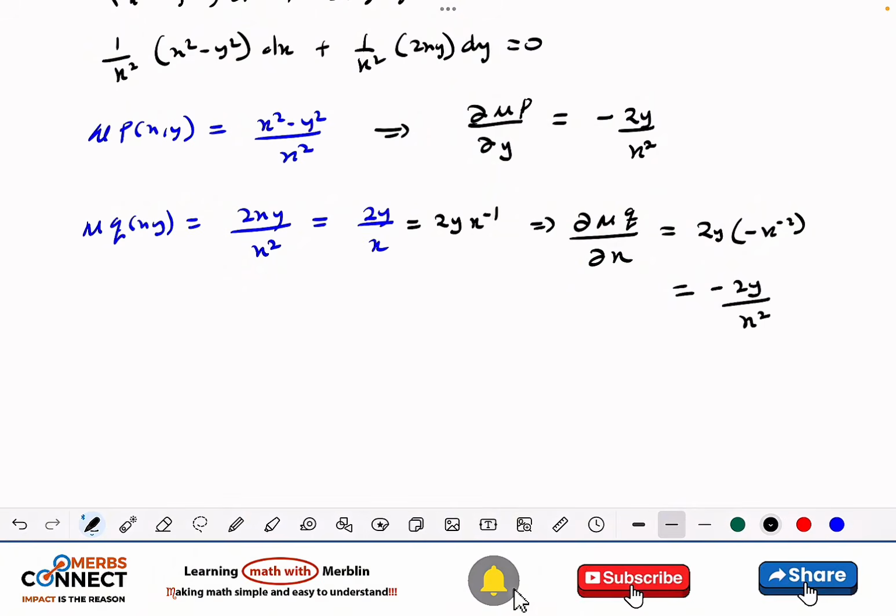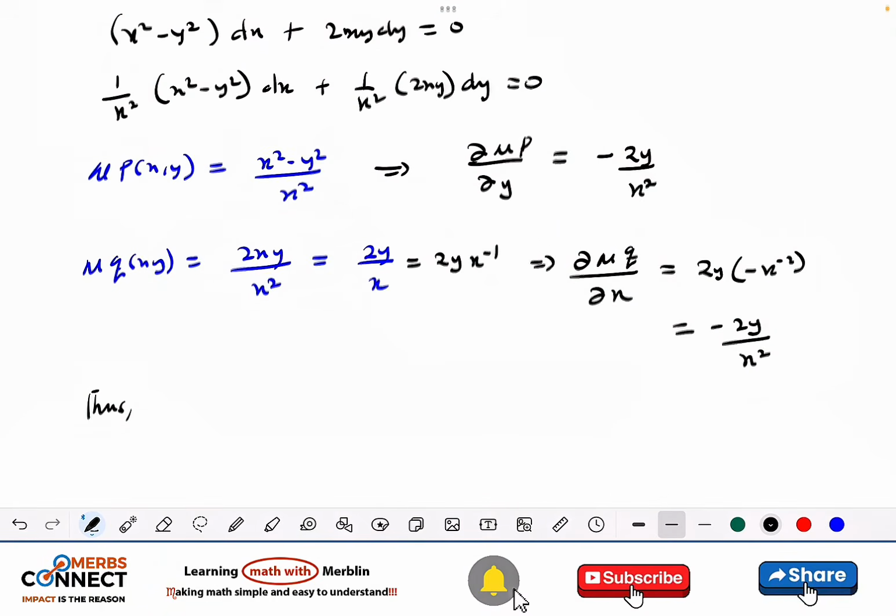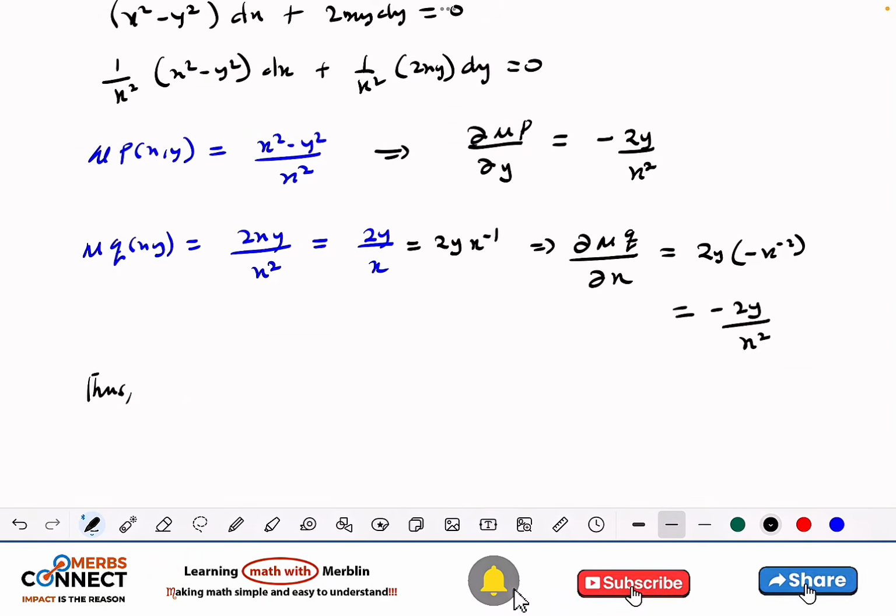Thus, with the integrating factor, the differential equation is exact.